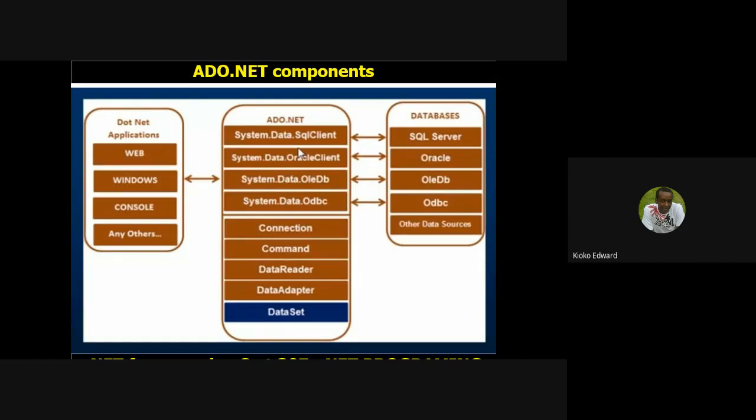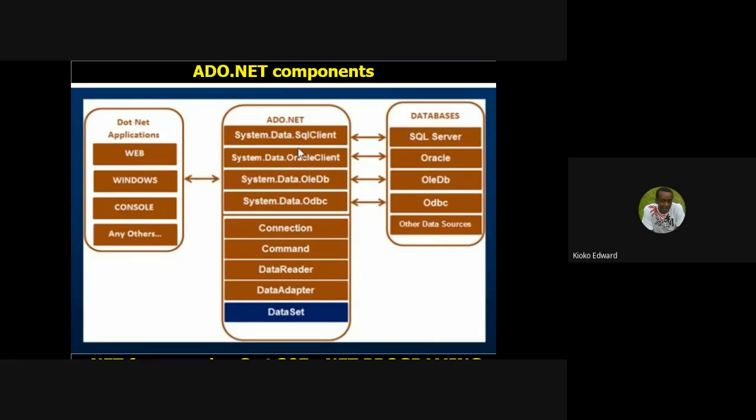You could also be using another provider, which we call Open Database Connectivity, the ODBC. So if that's the case, then you should also be able to connect your .NET application so that the application can talk to your data source, maybe do some updates and get some data from the DB.